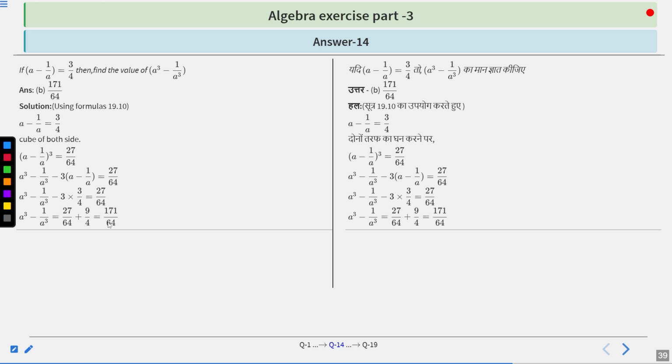Taking 64 common and then adding the numerators, we get 171 upon 64 as the value of a cube minus 1 upon a cube. So option number B, 171 upon 64, is the correct answer.